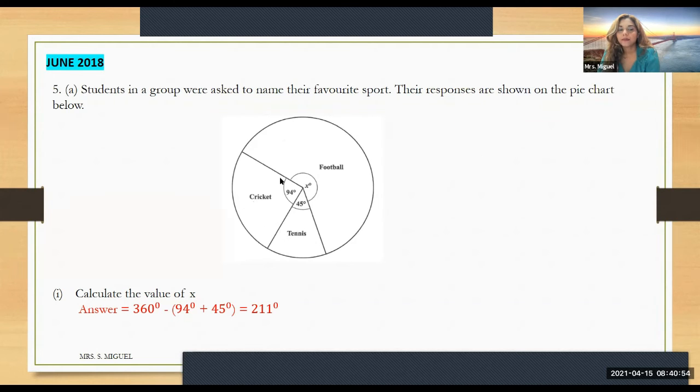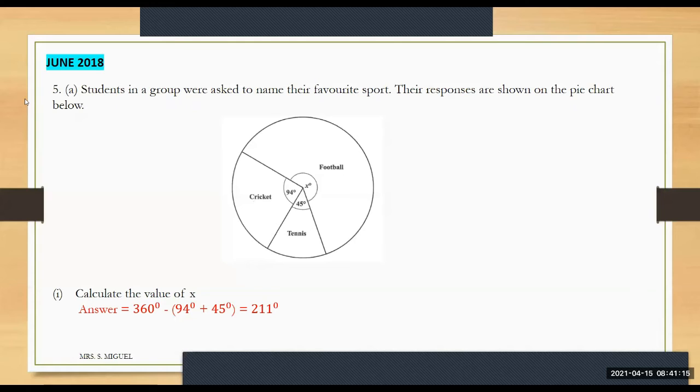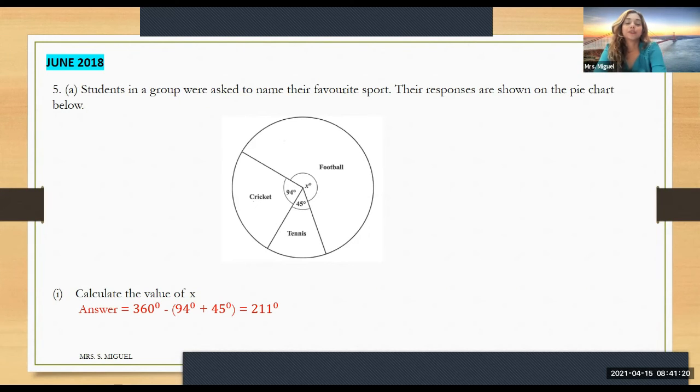So find the sum of 94 and 45 and then subtract it from 360 and you will see that x is 211. Yes, miss. All right. So persons take down that quickly and then we move on to part 2.